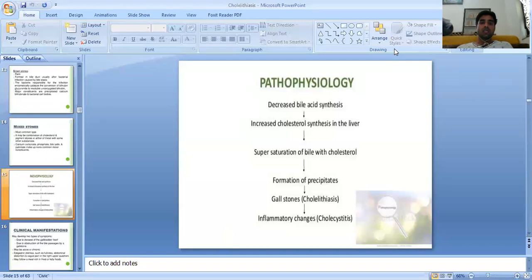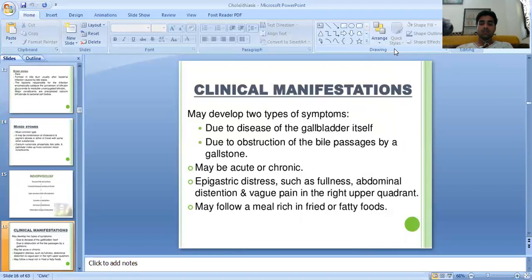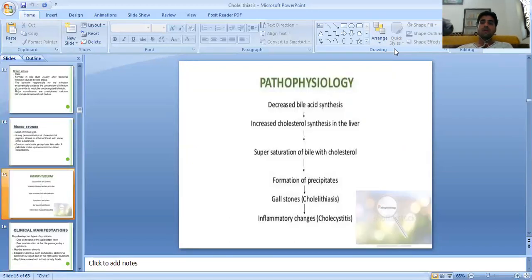First of all, decreased bile acid synthesis leads to increased cholesterol synthesis in the liver, supersaturation of bile with cholesterol, and formation of precipitants. This leads to gallstones, cholelithiasis. Then inflammatory change is called cholecystitis. So, students, this is the pathophysiology of cholelithiasis.